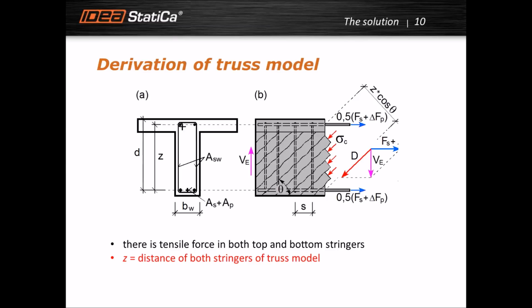We learned from the other picture that the forces in longitudinal reinforcement are applied in the top and bottom stringer. So in our opinion, it is good enough if we apply Z as the distance of both stringers of the truss model. So Z can be taken from the geometry of the section.